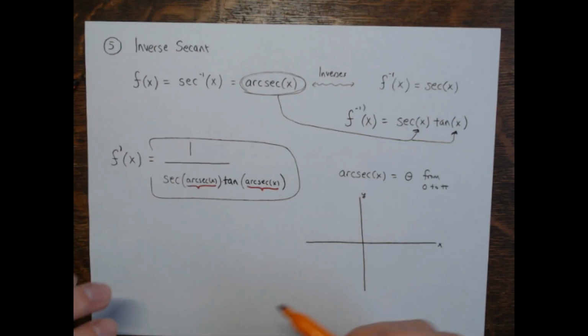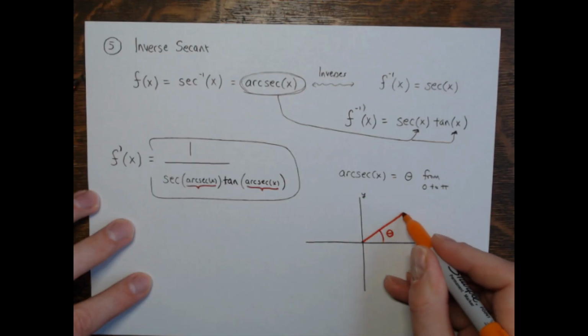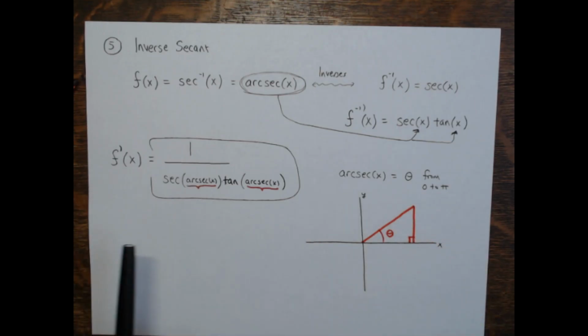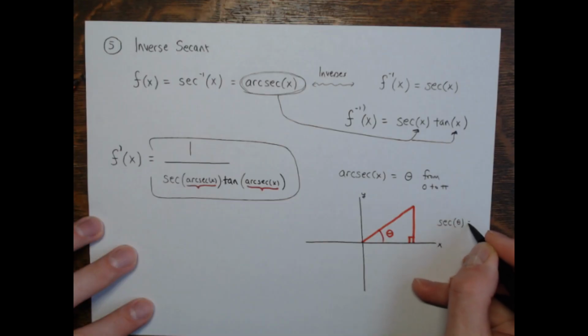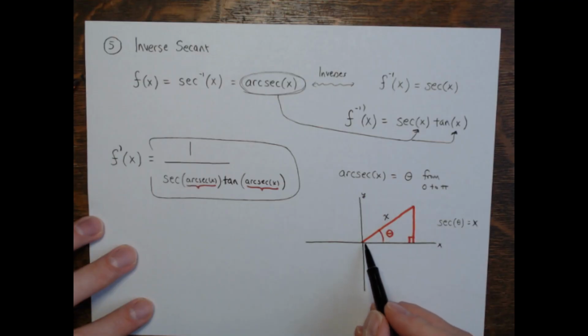So again, what if the angle is from 0 to pi over 2, right, as in the first quadrant? You got this picture here. And again, I want to set it up so that the secant of this angle is x. So remember, secant was hypotenuse over adjacent.